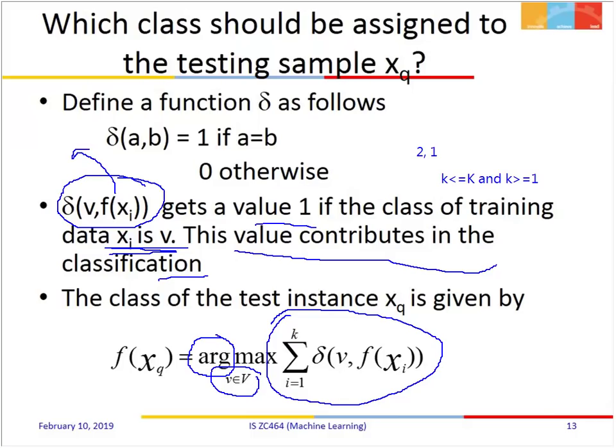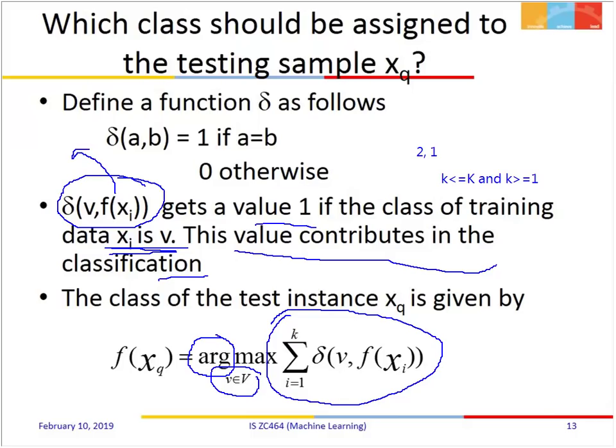V is that particular class label for which you are iterating over all such things and then trying to find the maximum. The V that corresponds to the maximum is going to be the class of fxq. Have you noted it down?